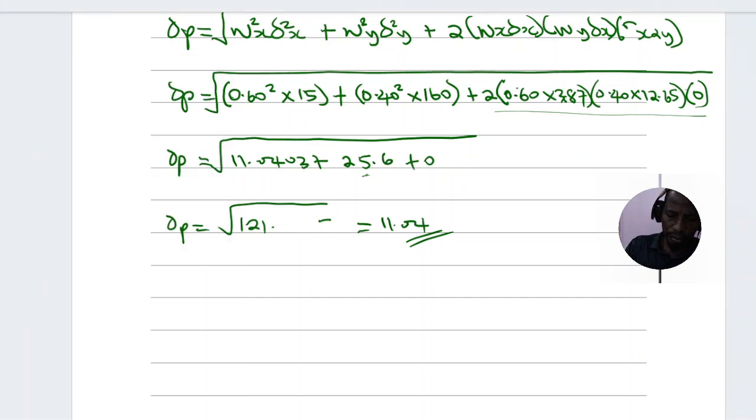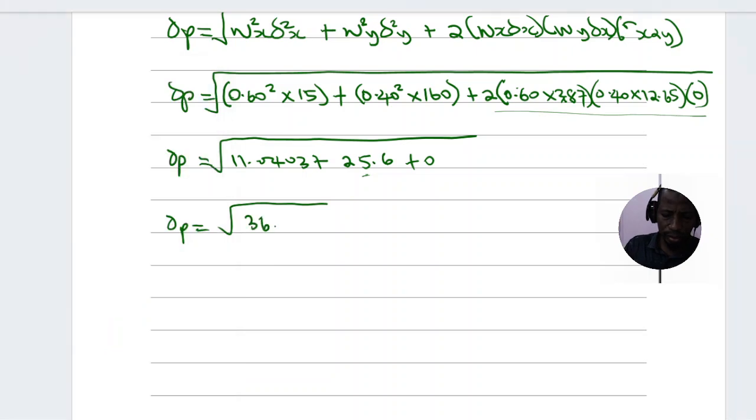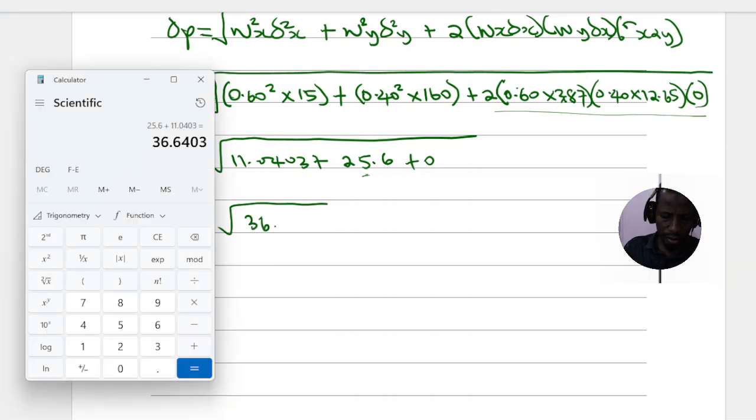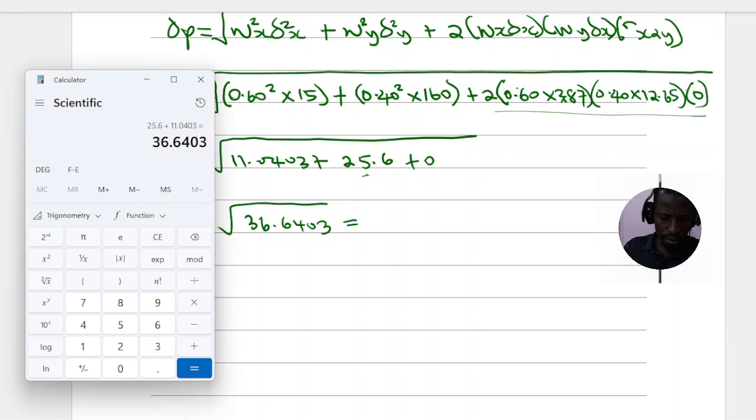That's why it's good to be very careful. Okay. So plus 11.0403 equal to square root of 36.6403, which is equal to then square root of that.